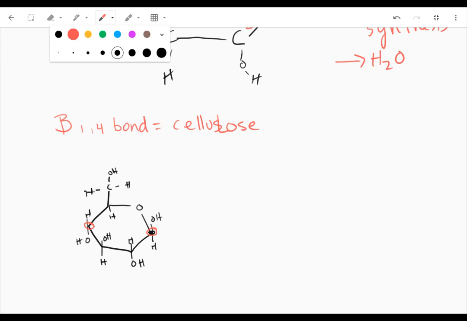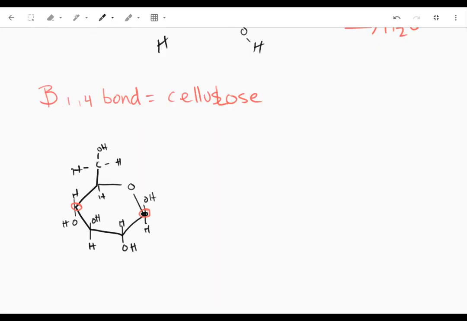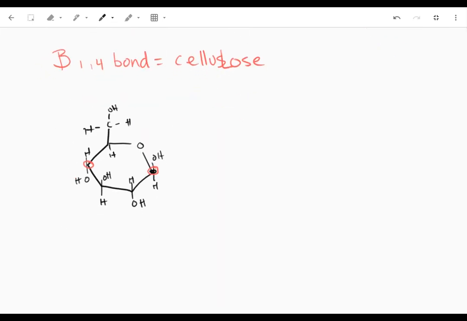So the next thing that I'm going to do is actually draw my beta glucose molecule upside down. And I generally, again, try to ground myself with that oxygen. So it's up here, so now it's going to be down there.